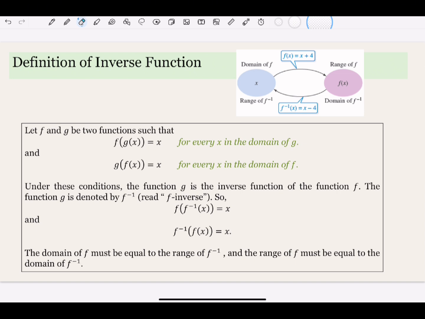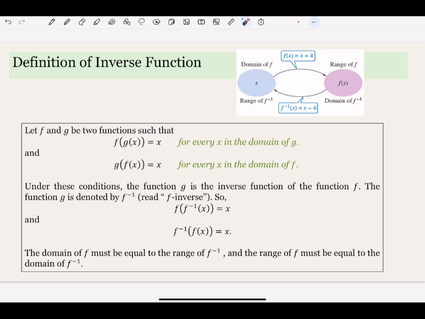Let's say we have two functions, f and g, and we say the function g is the inverse of function f if the composition of the two functions f and g is equal to x. As you know, there are two possible compositions for f and g: f of g of x or g of f of x.